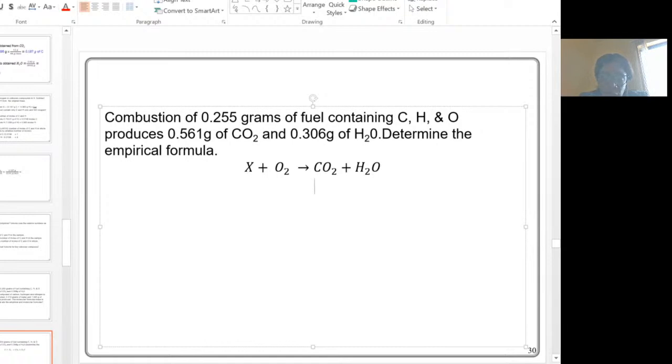For carbon dioxide, we have 0.561 grams.